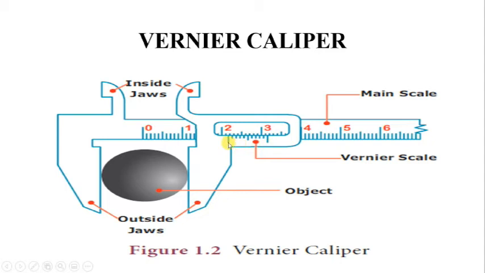How many total divisions are there? 0, 1, 2, 3, 4, 5, 6, 7, 8, 9, 10. So totally there are 10 vernier divisions.